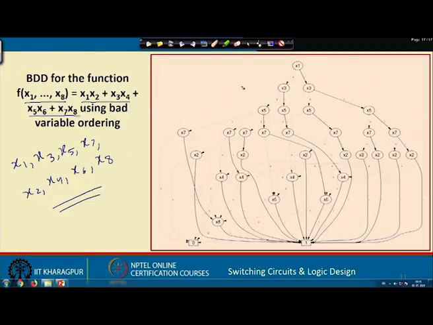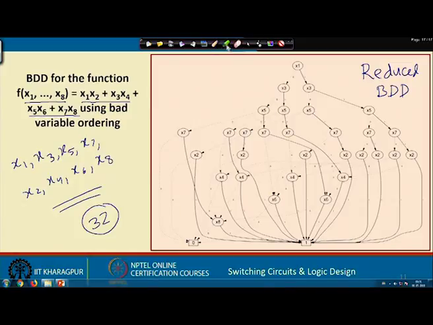Of course, this is not the conventional BDD, this is the reduced version of the BDD. We shall see later how to reduce a BDD in size. But the point to note is that there are a large number of nodes in this representation. If you count them, there are 30 nodes and 2 terminal nodes. Total 32 nodes are there in the BDD representation if you have a variable ordering like this.